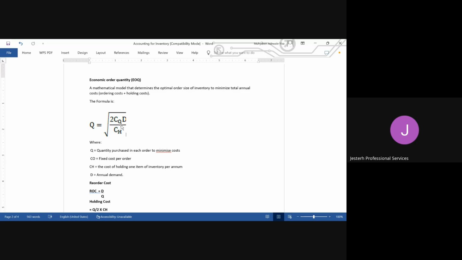And then the D stands for the annual demand. So the annual demand is what you budgeted for every year to bring into the store. While the Q stands for, okay, I budgeted for 20,000 every year. How many times do I need to bring in these 20,000 that I budgeted?